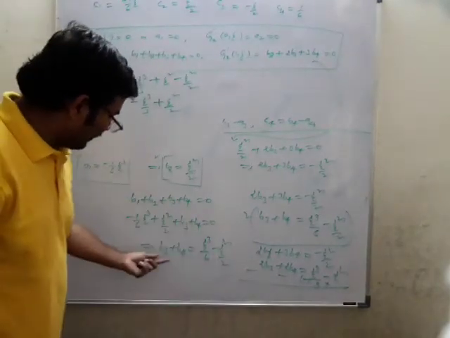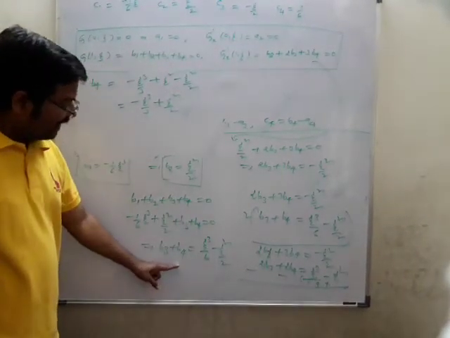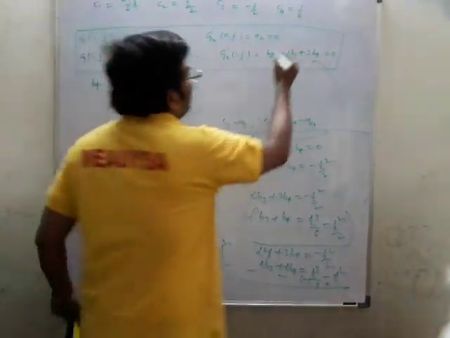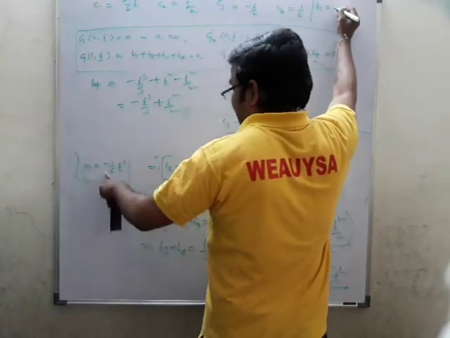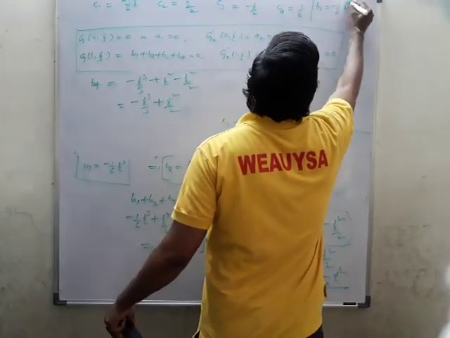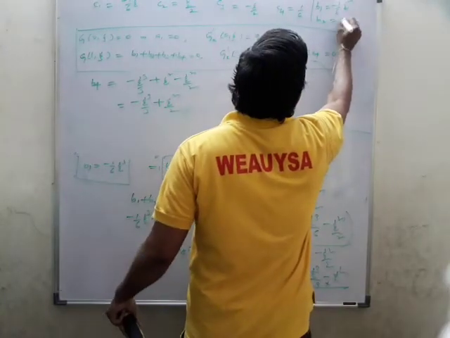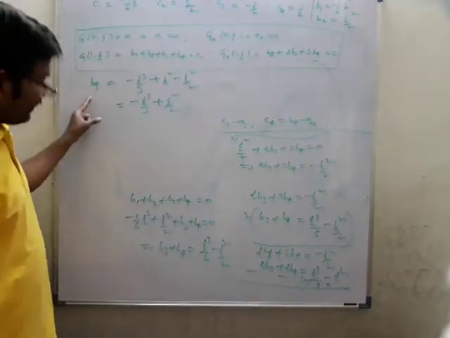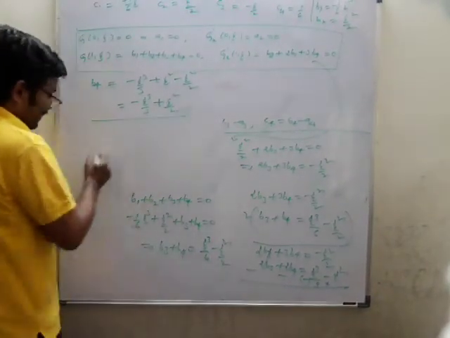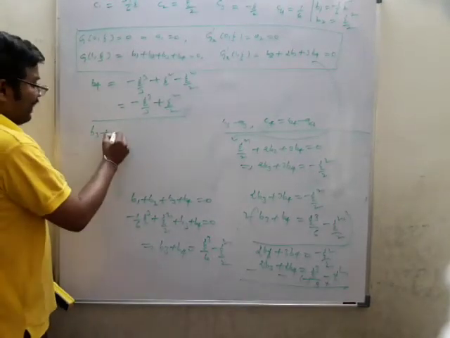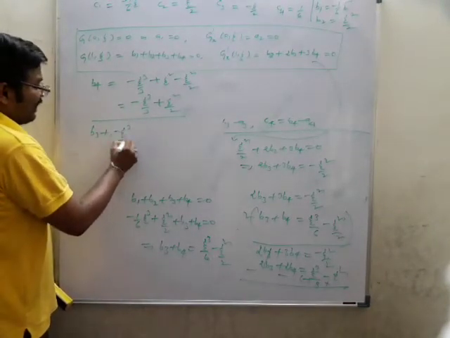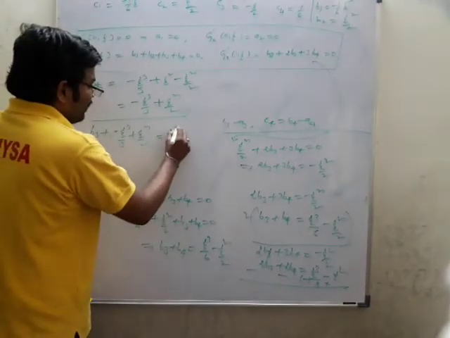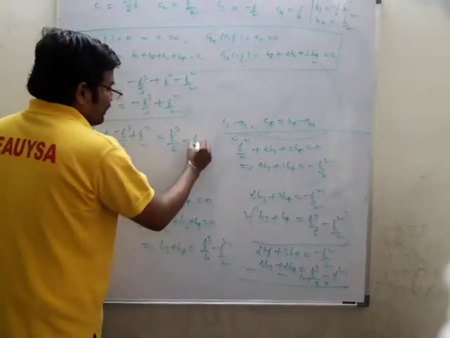Now I know B4, so if I substitute B4 here, I'll get the B3 value. B1 I got as minus 1 by 6 xi cube, and B2 I got as xi square by 2. Now I'll substitute this B4 value: B3 plus B4, that is minus xi cube by 3 plus xi square by 2, is equal to xi cube by 6 minus xi square by 2.